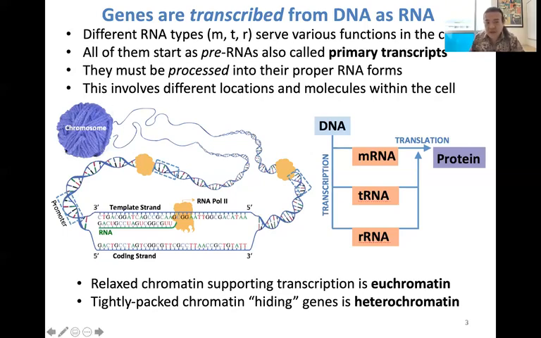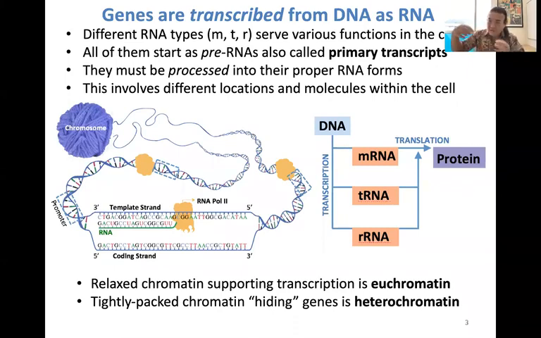So in this illustration here, when the chromosome is kind of wrapped up tight, we say that that's heterochromatin. So if you look at the bottom here, when the chromatin is tightly packed up, it's heterochromatin. And as you can imagine, that makes it very difficult for the genetic information in that particular region of the chromosome to be read.